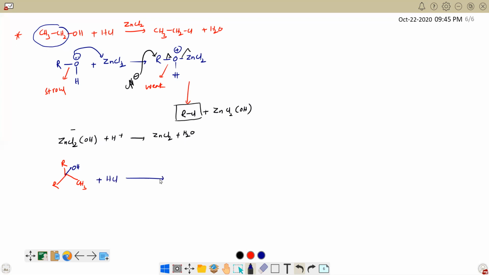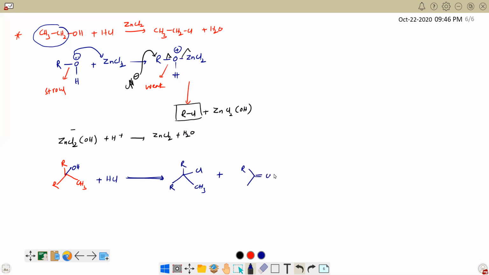Generally, for dehydration purpose, HCl doesn't work; Cl minus is a good nucleophile. So simply it will be R, Cl, this CH3 and R. Can be, very minor product, maybe alkene.